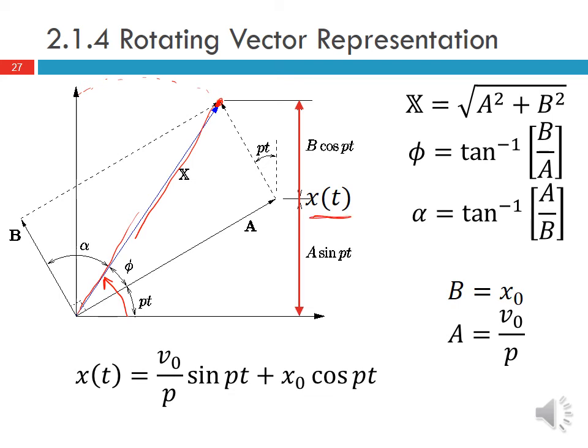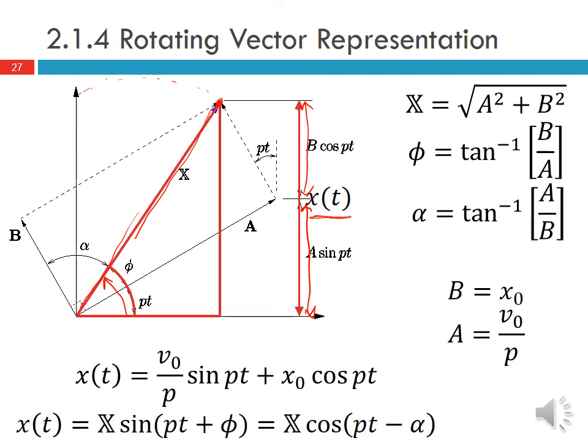So you can see from the figure here that this is equal to a sine pt, which is this height, or v naught over p sine pt, plus b cosine pt, which is this height, or x naught cosine pt. So x of t is equal to v naught over p sine pt plus x naught cosine pt, which is the result that we arrived at before.